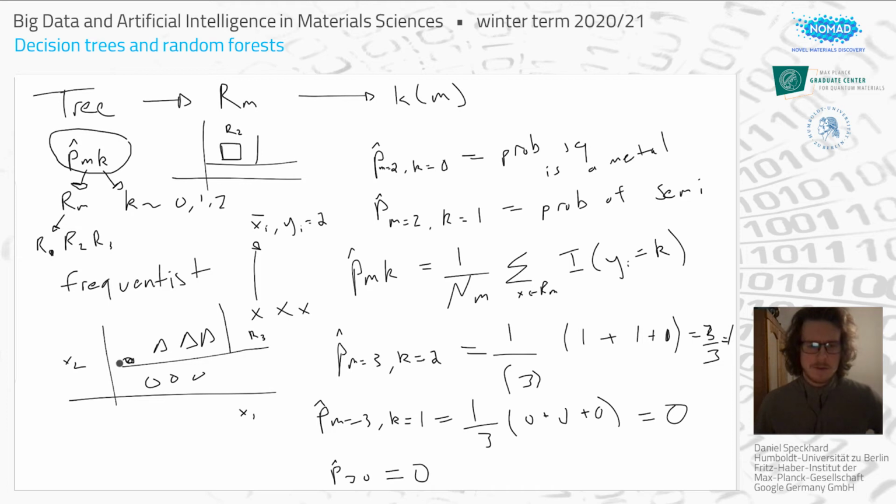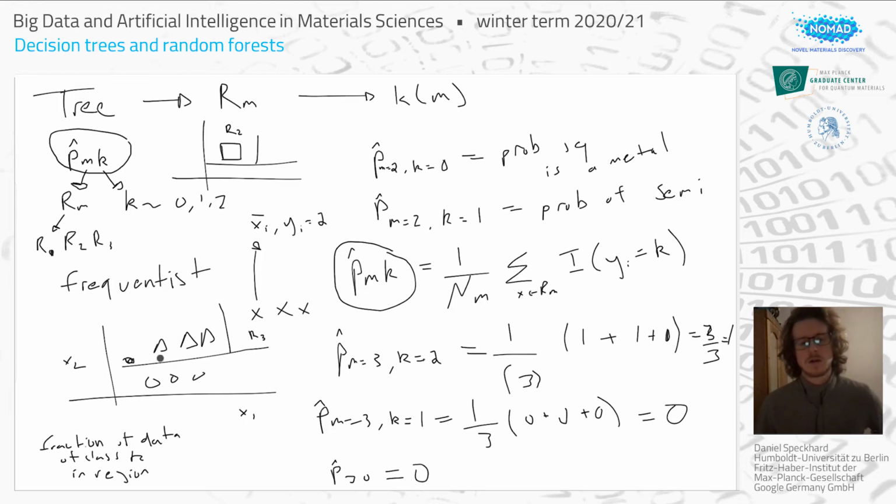But another way to think about this probability estimate is simply you count what fraction of data points of class K are in region M. We're basically just saying, let's look at all of the data in region M. What fraction of all of the data in region M belong to a specific class label K?